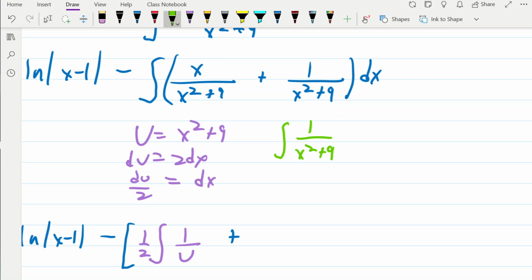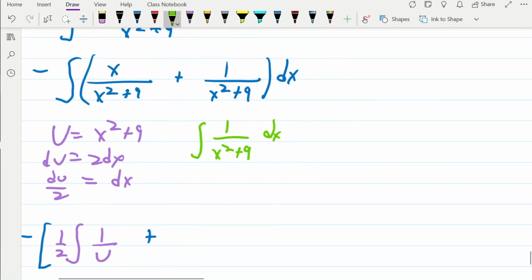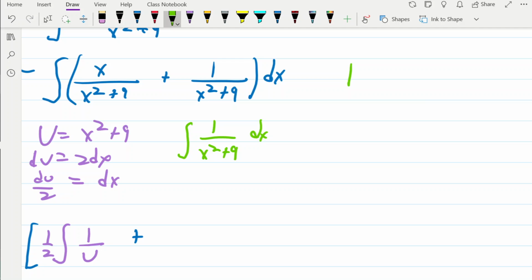Well, that almost looks like tangent. Let's see, so what is it? Tangent squared theta plus 1 equals secant squared theta.